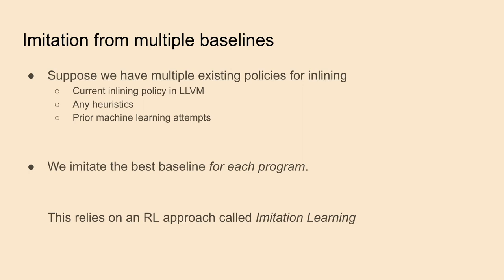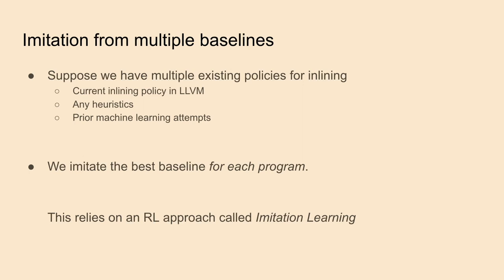They can be machine learning trained policies trained by maybe evolutionary strategy or RL-based policies. With the set of these baseline policies, we take a big corpus of programs and compile each program in the corpus with each baseline. We measure the resulting sizes and pick the best policy for each program based on the size.